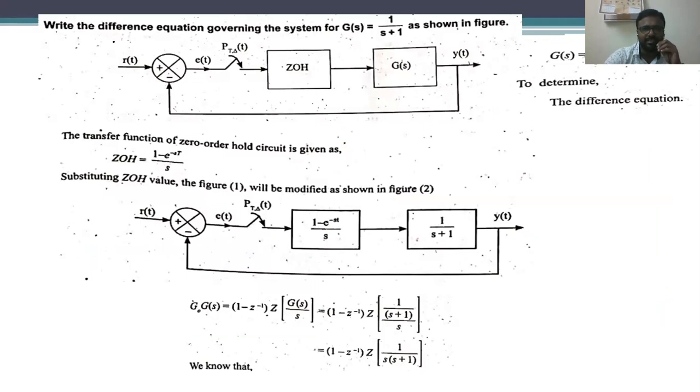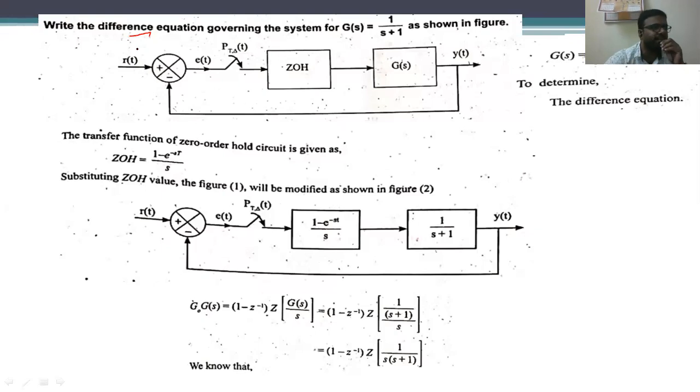So in this one, write the difference equation governing the system. To calculate the difference equation, initially we have to determine the expression C of z divided by R of z in terms of z, and we have to apply the inverse Z transform for this one, and convert into t.